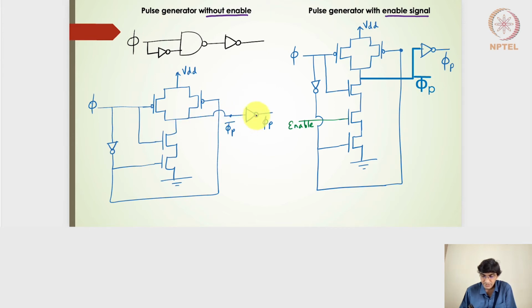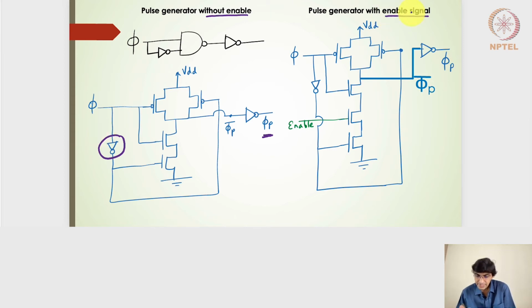The output of this is provided to an inverter to generate the pulse signal here. The pulse width is always determined or characterized by this inverter's design, right? So whatever the inverter's delay is, is likely to give me the pulse width value.